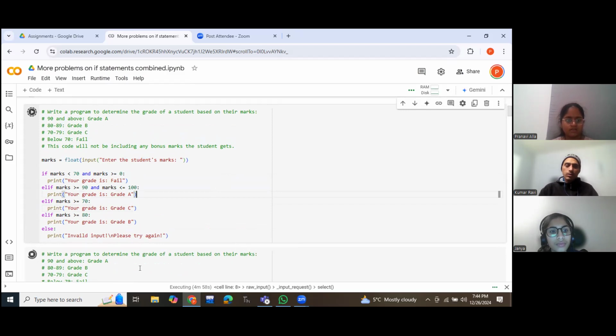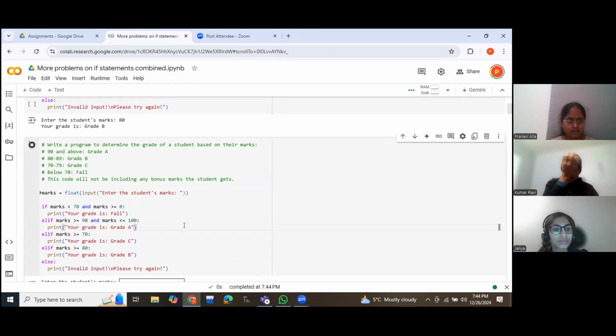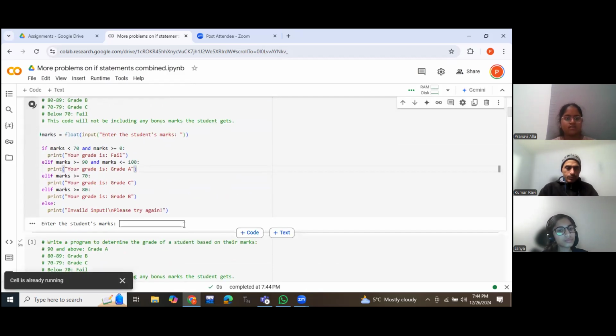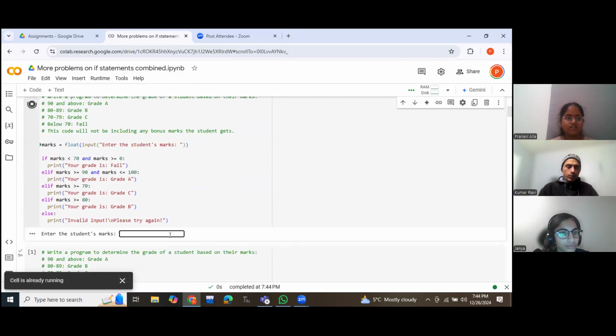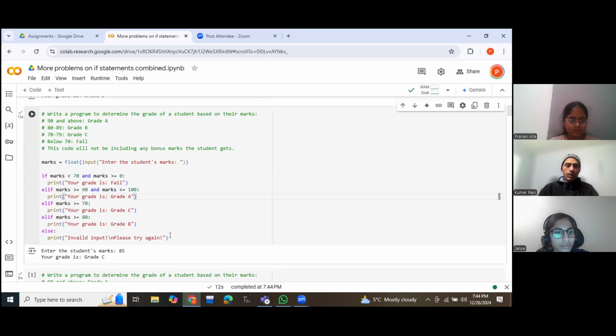Why is it wrong? Can you run this code? Run this one. Now you should input 85 here. This will be the right thing that I was expecting. If you run 85, we are supposed to get grade B, but we are getting grade C. Why? Janya, tell me quickly.